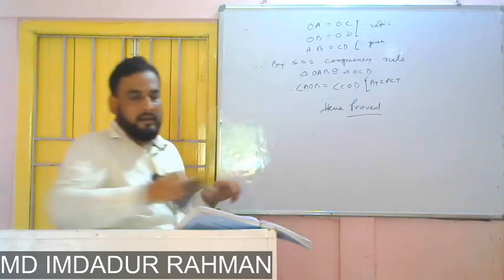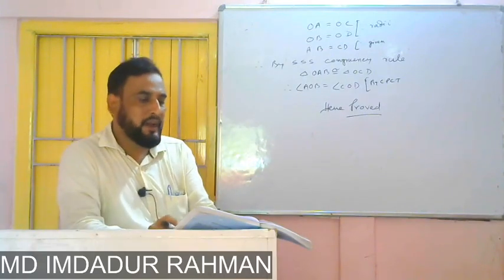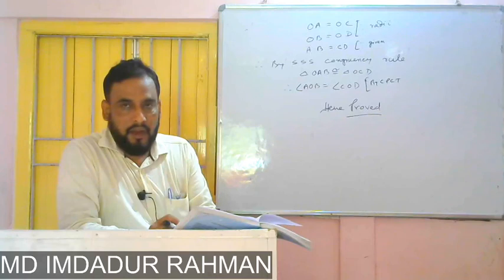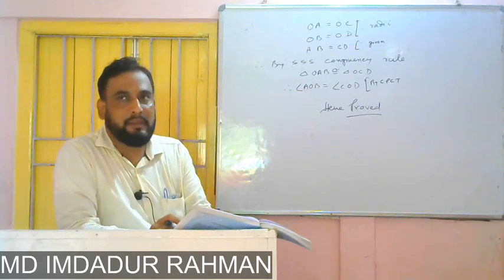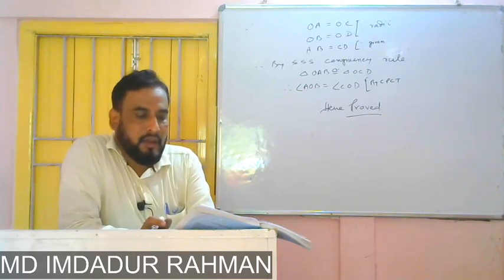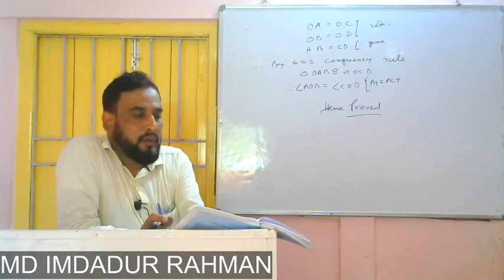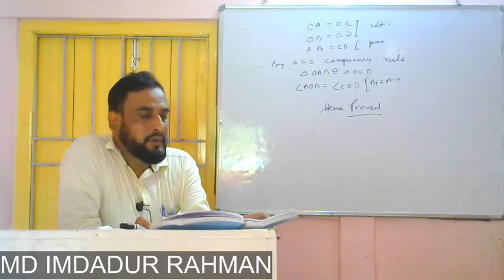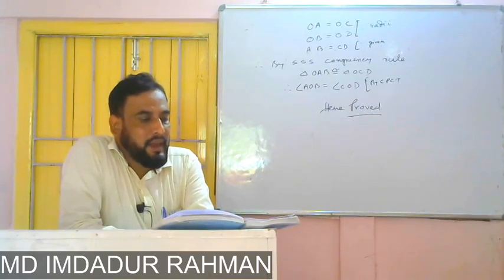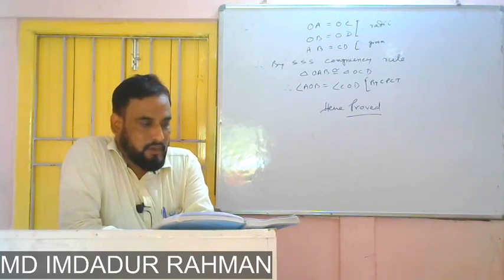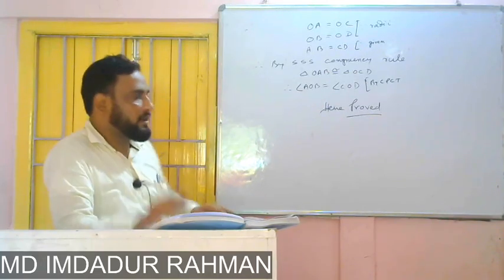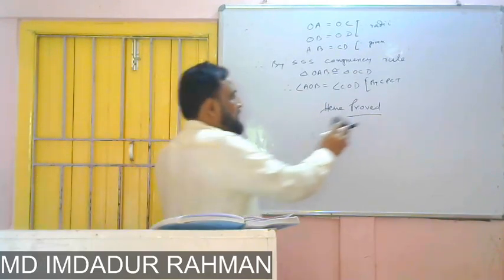Earlier in theorem 10.1 the chords were equal, and we proved that the angles subtended by these two chords are equal. Now in theorem 10.2 it is said that if the angles subtended by the chords of a circle at the center are equal, then the chords are equal. We have to prove that. This will be the last theorem for today's class.